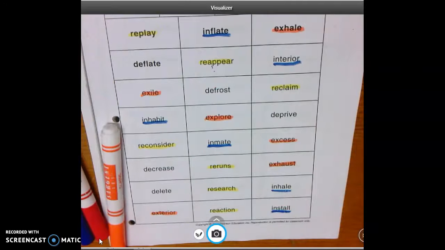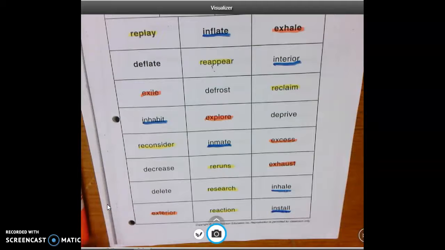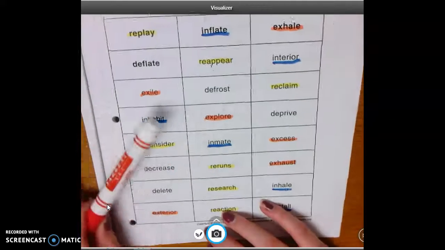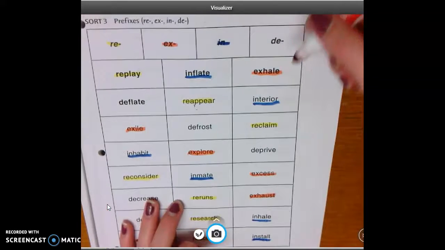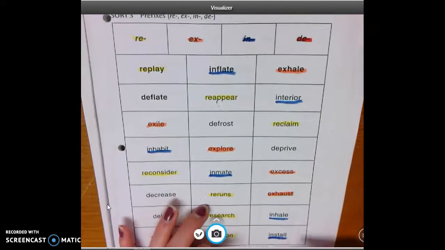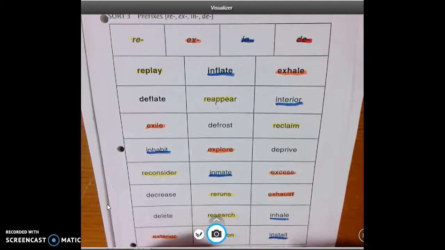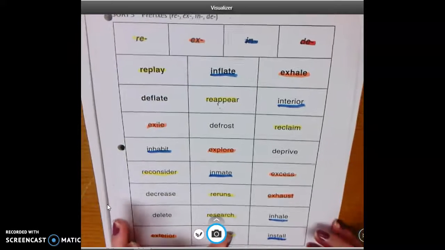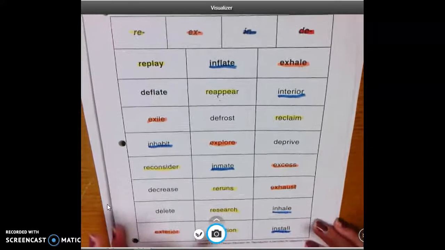Lastly, we have our prefix de. So I'm going to use red for this one. De means not, remove, or reverse of something. Reversal means opposite of something.